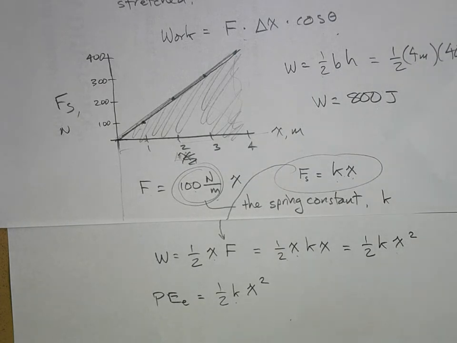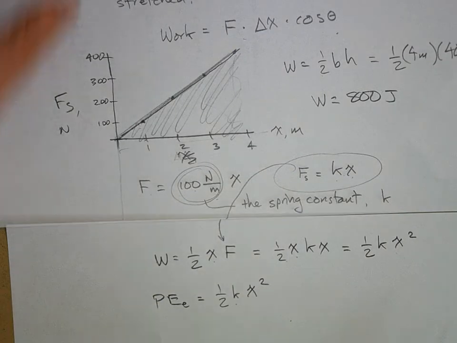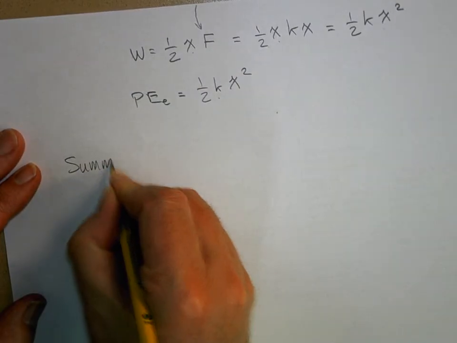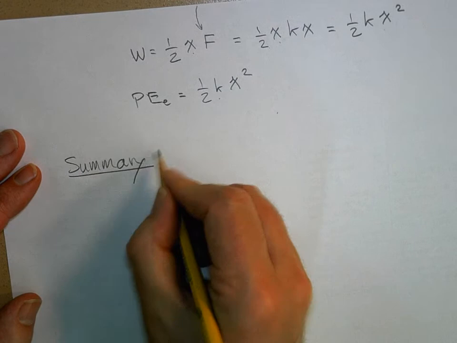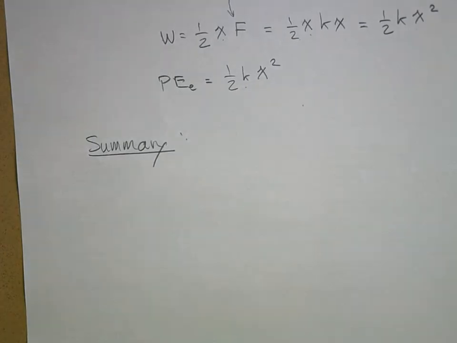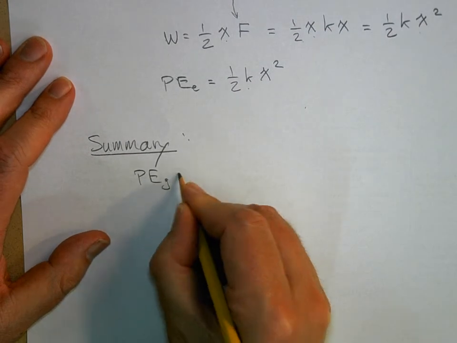And so now we've got, well, we're almost done. Let's summarize here. If you want to know how much energy is stored in a gravity field, well, we call that potential energy of gravity, and that's equal to mgh.